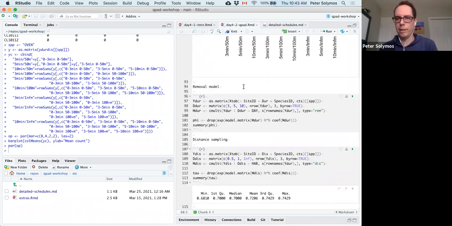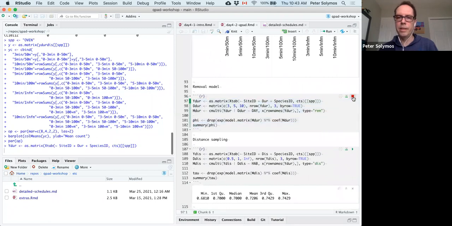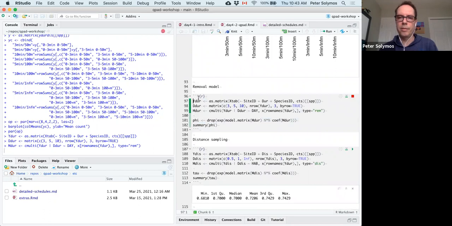Now we can take those subsets to fit the removal modeling, which is the usual thing. We are just using the duration intervals. So this is kind of independent from the previous data processing, but we'll come back to that. So this is what we did on day 2. This is how we fit removal sampling using the time interval data.